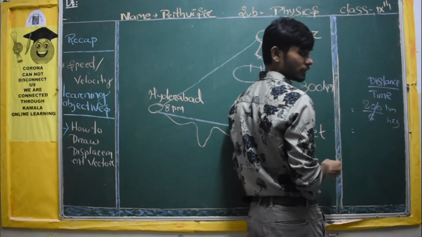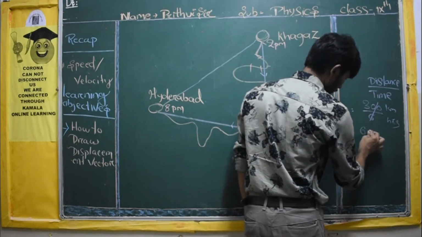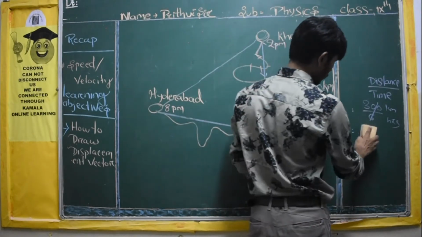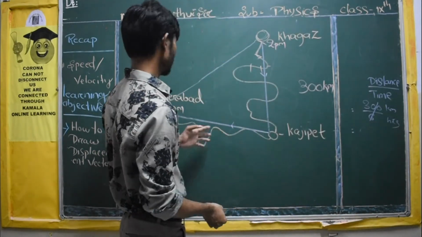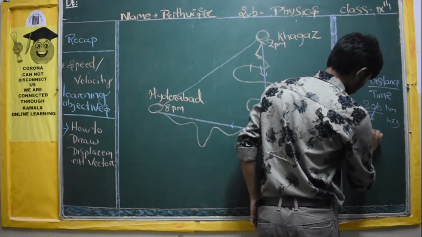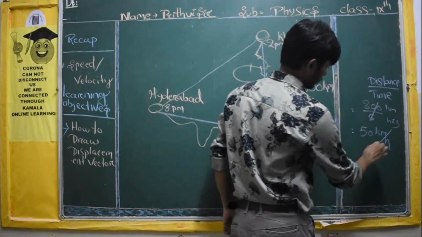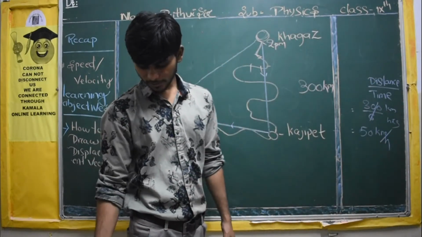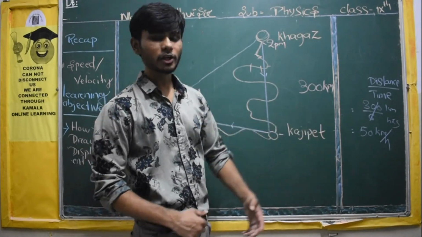When we do that, how much do we get? We get 50 km per hour. Am I right, students?